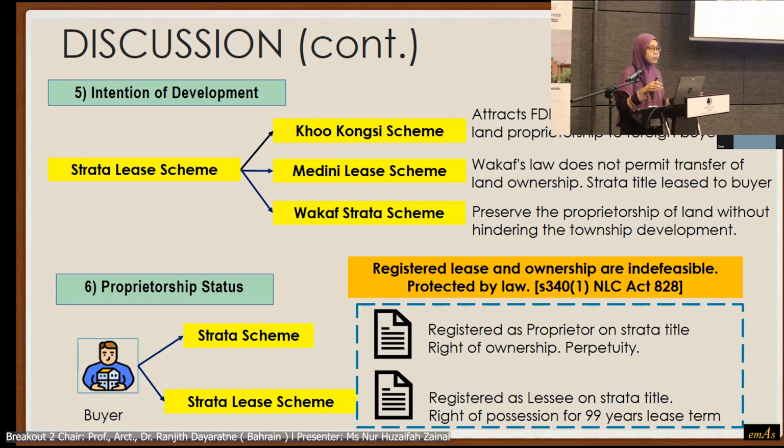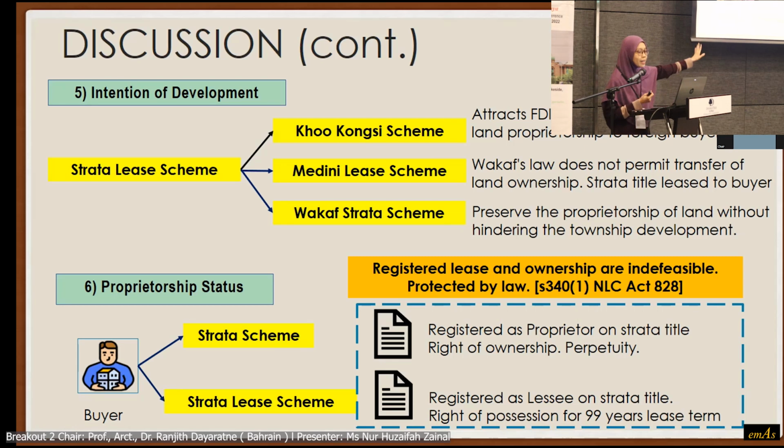There was a demand for housing and townships in the 1980s and 1990s, but they could not sell because it's ancestral land. You cannot transfer this land to anyone. It belongs to your family. So what you do is sell through this.